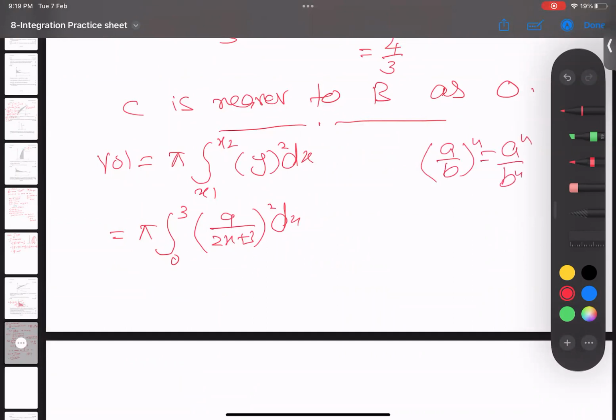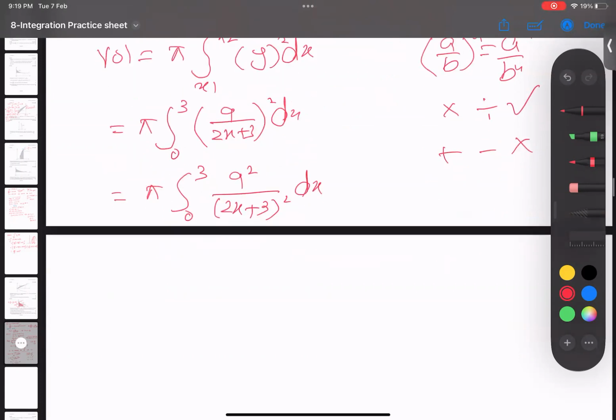This is allowed in multiplying and division, but not allowed in plus and minus. Because this 9 and this are dividing, I can distribute the power. Have a look how: 9 to the power 2 separate, and 2x plus 3 to the power 2 separate. This is basic algebra logic.